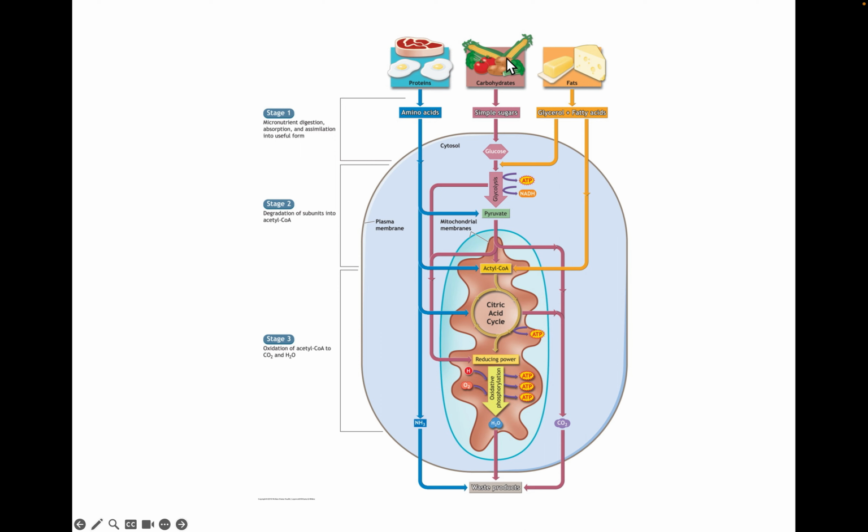Carbohydrates undergo glycolysis, and parts of it will be used by the aerobic energy system as well. But again, a reminder that our aerobic energy system can use all three sources of food: carbohydrates, fats, and proteins. Versus glycolysis, which can only use carbohydrates directly to create ATP. Proteins and fats are not directly used by glycolysis.